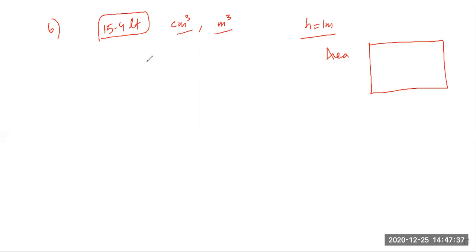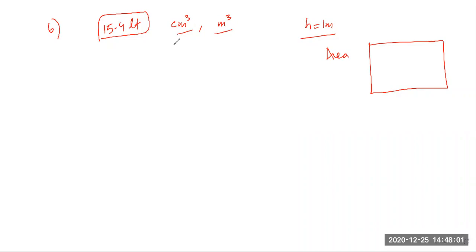How much will be the area of the sheet which will be used to make this? Wait. This is the capacity of a closed cylinder. The capacity is 15.4 liter. Obviously, we can say that we want to find out the curved surface area. I think. No, wait. Now it says capacity of closed cylinder. Now can anyone tell me whether it is a solid cylinder or hollow cylinder?